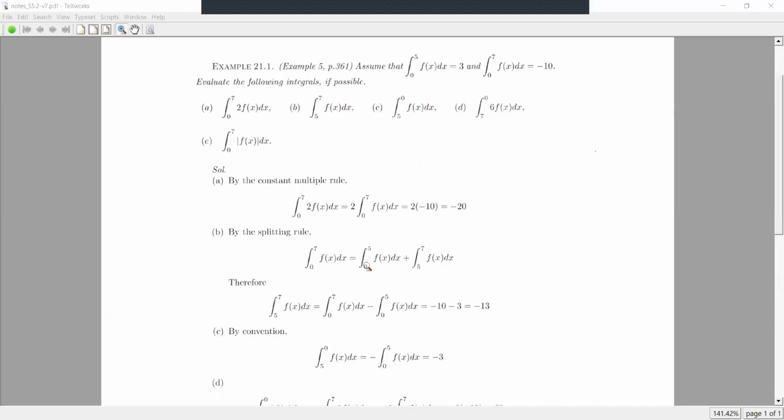I move the integral from 0 to 5 to the left side. Then the integral from 5 to 7 is equal to the integral from 0 to 7 minus the integral from 0 to 5. 0 to 7 is -10. 0 to 5 is 3. So the answer is -13.